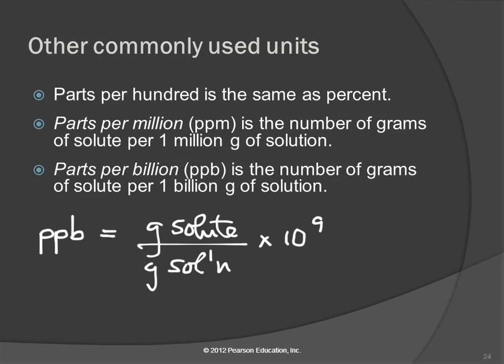Why do we have all these units? Well, why do we have meters and kilometers and micrometers? Because we like to have a unit that is similar in size to what we're measuring, so that we don't end up with crazy big and small numbers all the time. We don't want to list our concentration as 1 times 10 to the minus 14%. It's hard to keep track of.